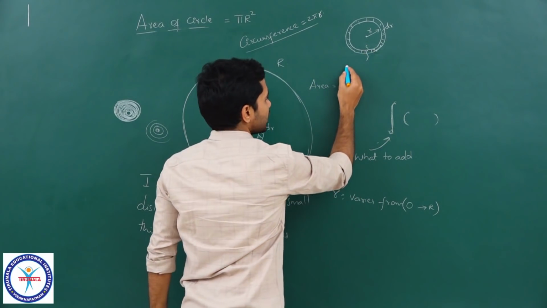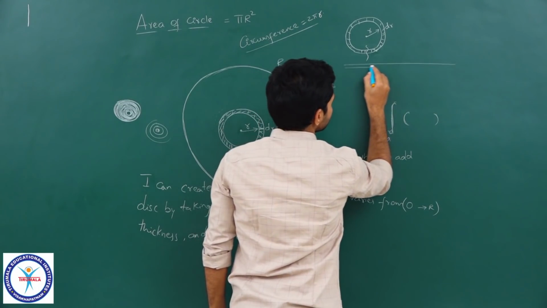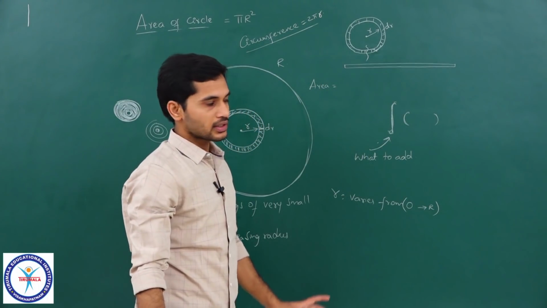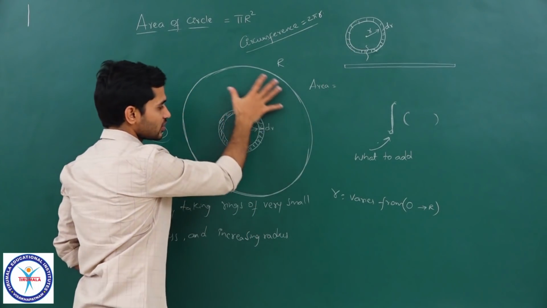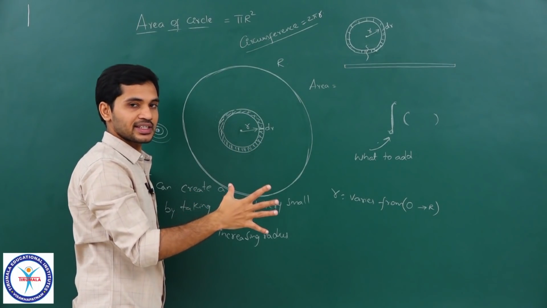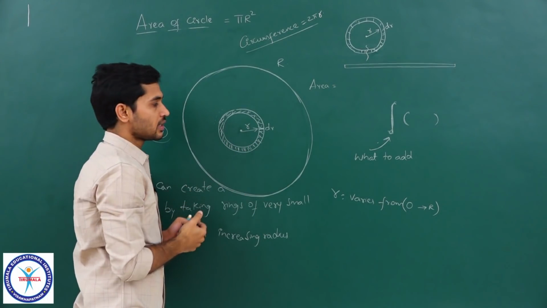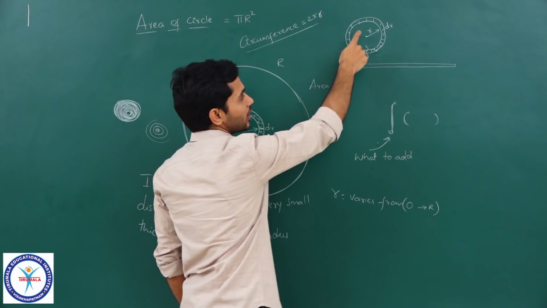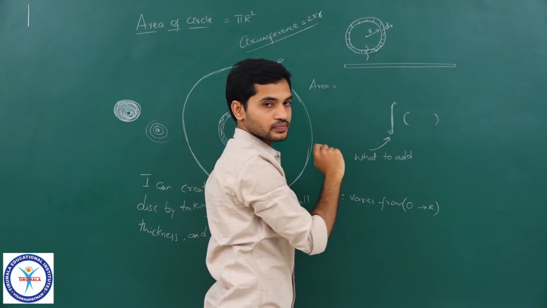Clear? So when I spread it, it becomes a strip like this. Able to follow that? So first, I am viewing this disc as a combination of many rings of increasing radius, and out of that I have taken one ring separately, and I am trying to find the area of that ring, right?